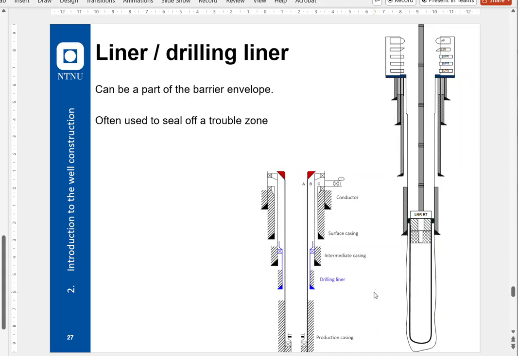And if you're cementing a liner, you typically cement all the way back. What we're seeing on the left here in blue is the drilling liner. A drilling liner is to cover a trouble zone, but it doesn't really take part in the integrity configuration of the well.